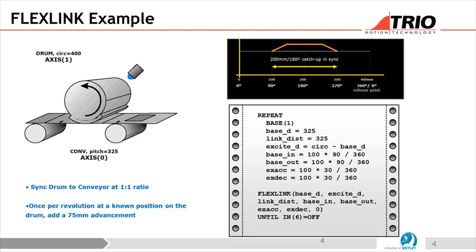You cannot have a MoveLink that starts at a ratio that's already non-zero. MoveLinks always start and stop at 0 ratio. So the FLEXLINK gives you the ability to start from an already moving axis and then add on the extra movement. Simple enough? Yeah. Good.